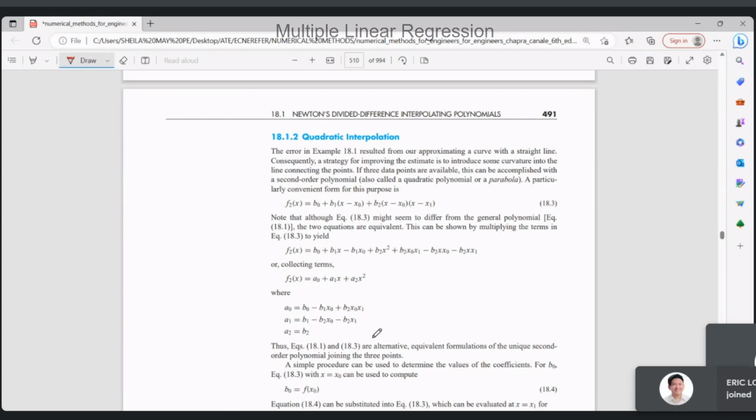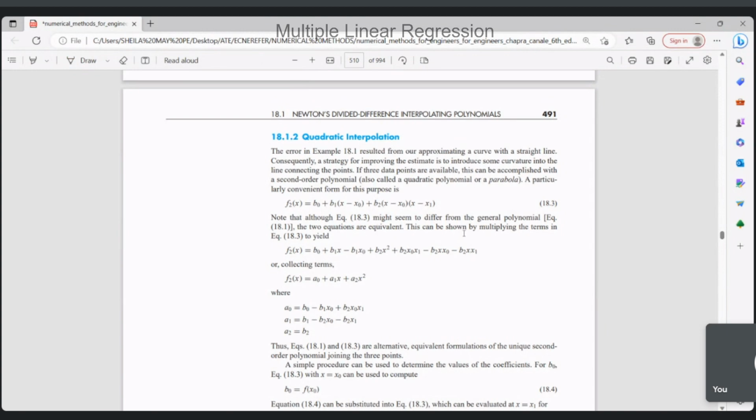Note that although this equation might seem different from the general polynomial equation, 18.3, the two equations are equivalent.